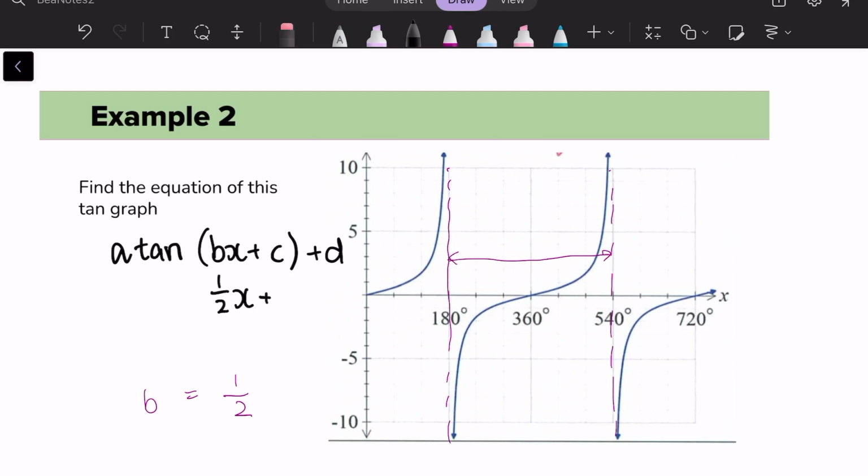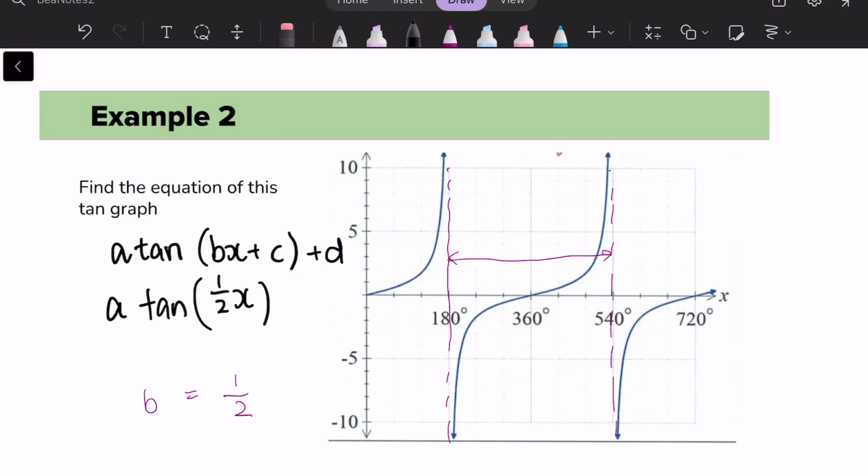There was no horizontal translation or vertical translation, so both c and d are 0. So now we're just left with a tan half x. In the test, usually a will equal 1, because if it's another number, then it's a bit harder.